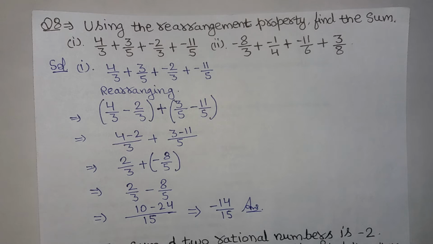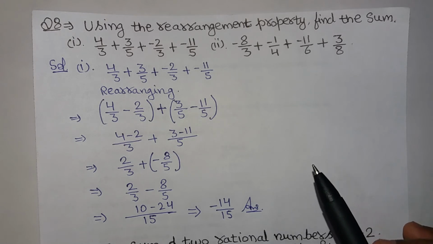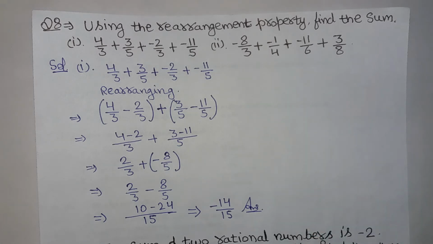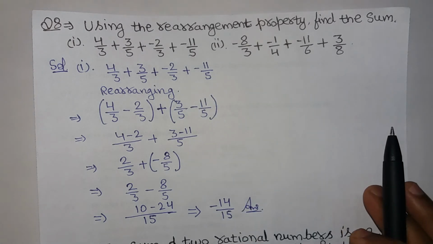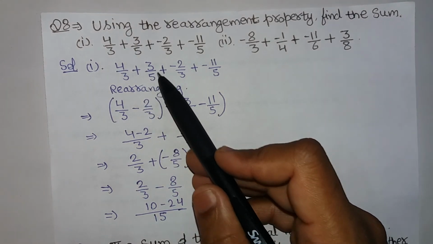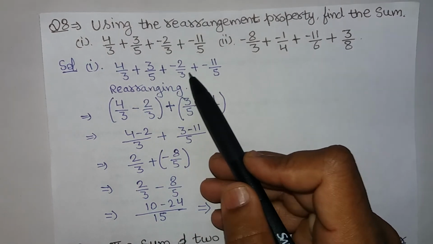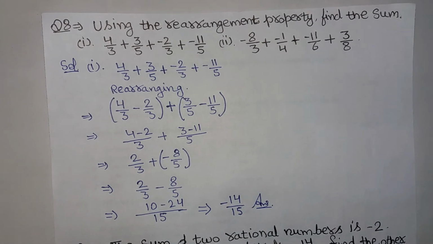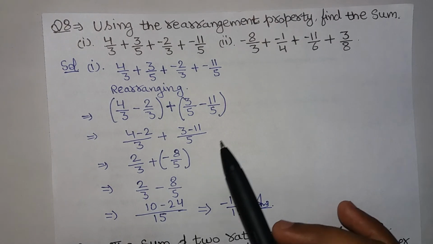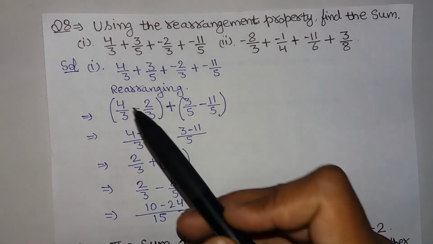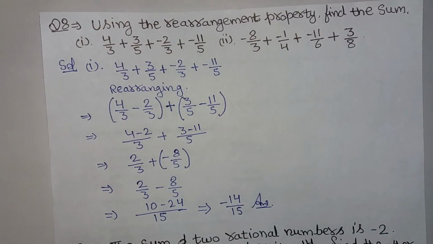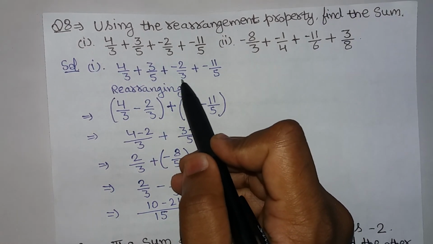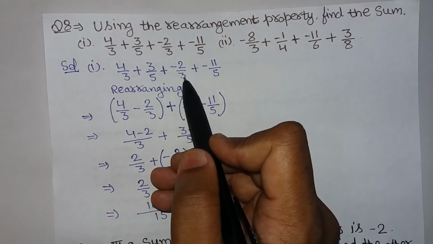Now see question number 8. Using the rearrangement property, find the sum. Here we have to use the rearrangement property. Taking the first part, we have 4 upon 3 plus 3 upon 5 plus minus 2 upon 3 plus minus 11 upon 5. In the rearrangement property, the numbers which have the same denominator, we have to write them together. Here 4 upon 3 and minus 2 upon 3 have the same denominator 3.